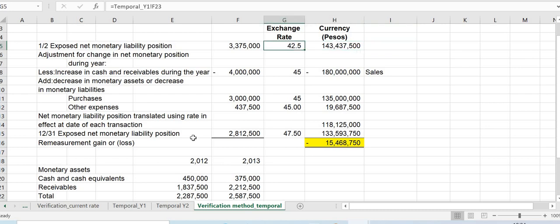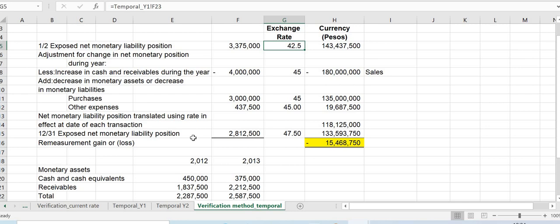We exclude the historical non-monetary assets kasi walang changes, kasi they will be translated using the same exchange rate. Kaya we'll have monetary assets and monetary liabilities na lang.